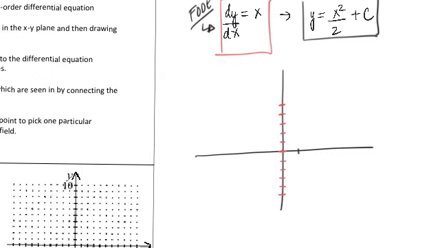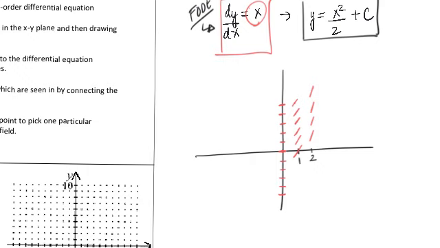If I went over to x is equal to 1, dy/dx equals x means dy/dx equals 1. So I could draw little tangent lines with a slope of 1 over here. And then I could go to other points in the plane and do the same thing. At every point, I'm drawing a tangent line to the solution curve, right?